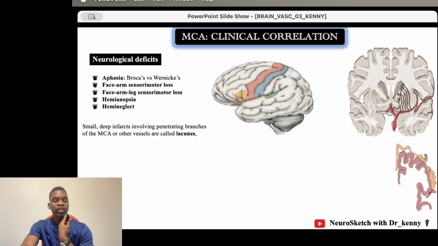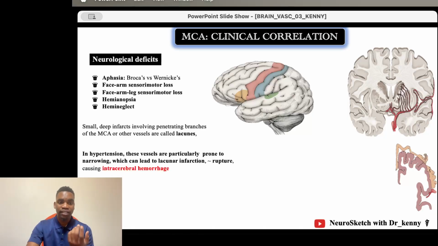So we know also this. Infarction around here, we call them lacunes, but these lacunes are more prominent in hypertension. In hypertension, these small vessels are prone to damage and infarction.